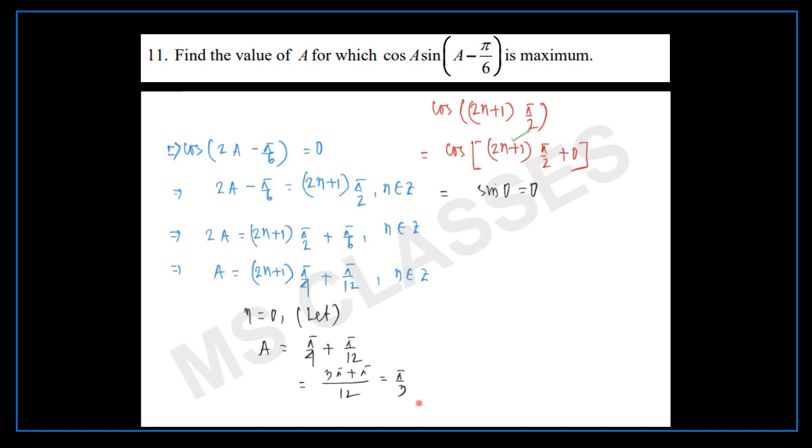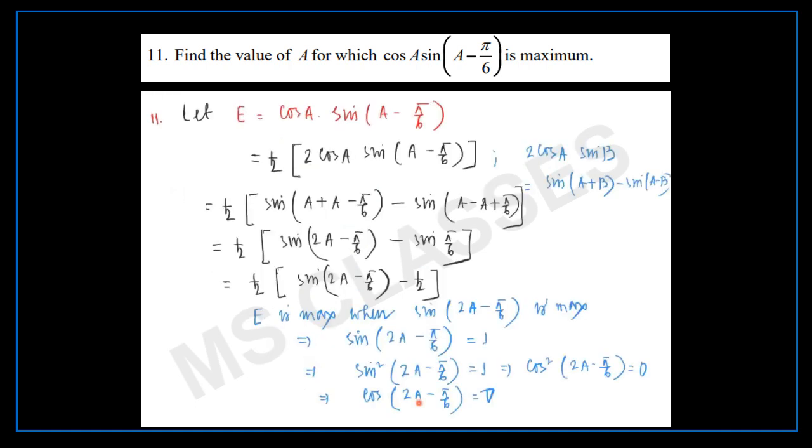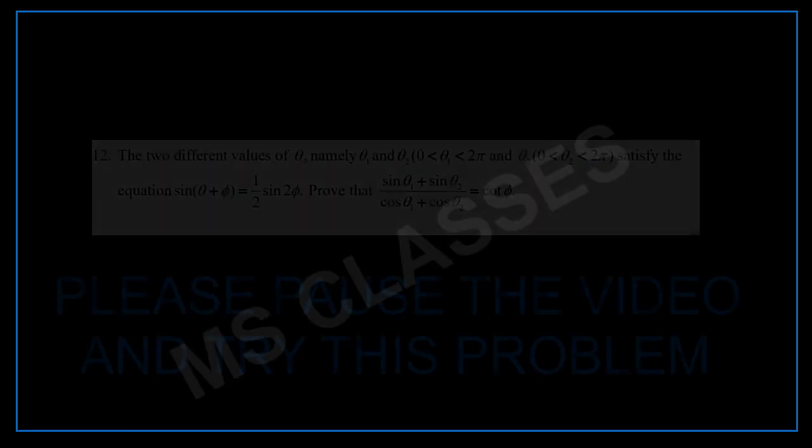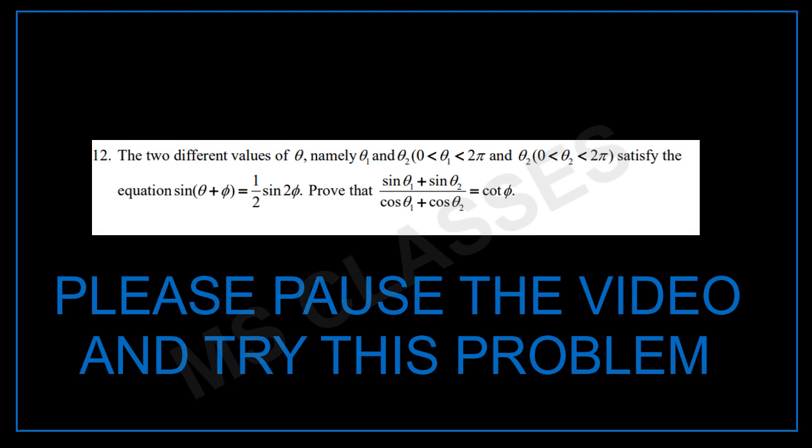This sum can be made easier if someone thinks that 2A - pi/6 = pi/2, and from that you can get pi/3 very easily. But the actual process is this one, which I have shown.